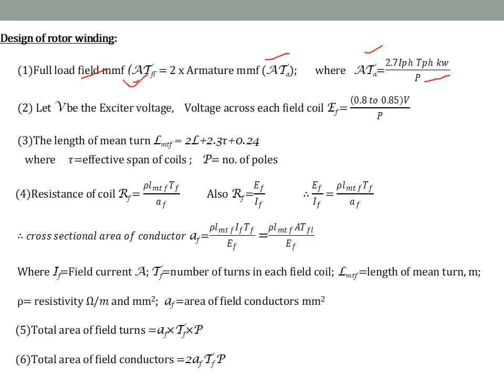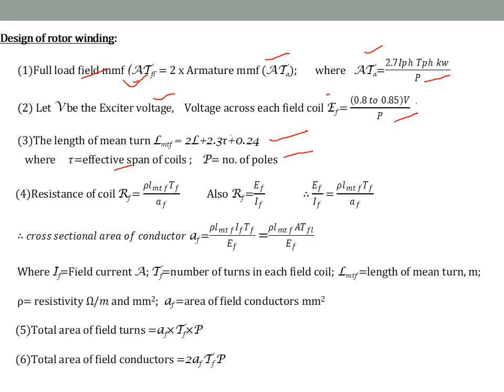Now let V be the exciter voltage. The voltage across each field coil EF is equal to 0.8 to 0.85 times V divided by P. Again, the length of mean turn is calculated using an empirical formula, where tau is the effective span of the coils and P is the number of poles.